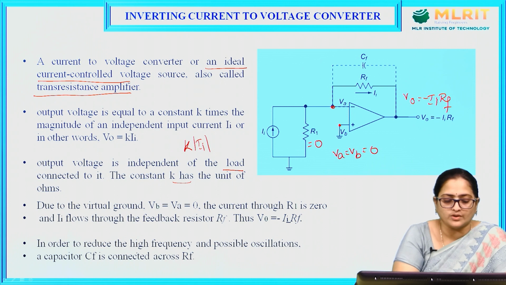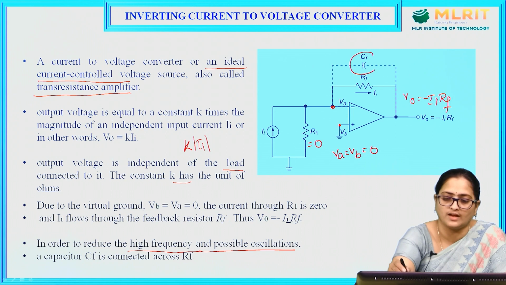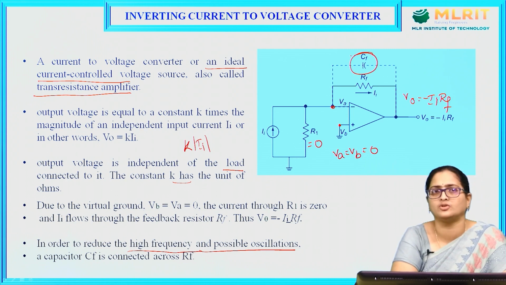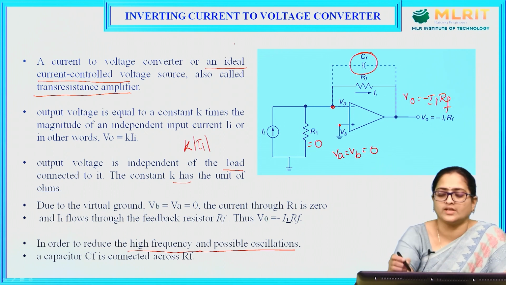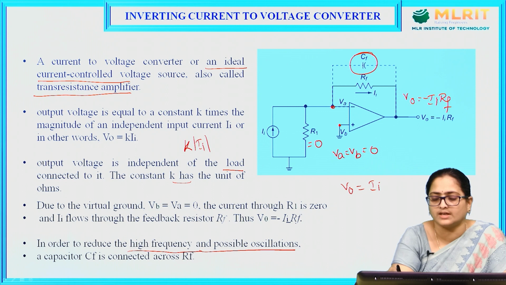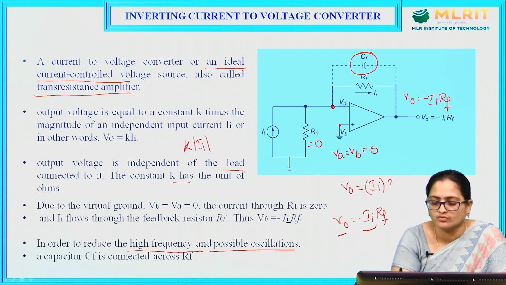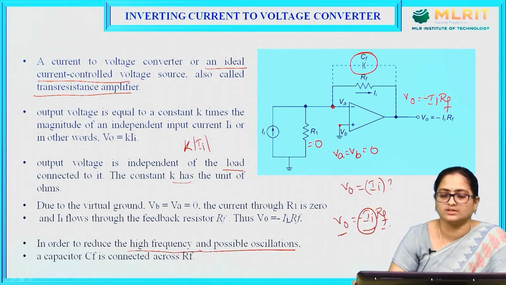In order to reduce high frequency and possible oscillations, a capacitor CF is connected in parallel to the RF. So, for the current to voltage converter, we got V0 is equal to minus II into RF, output voltage in terms of input current.